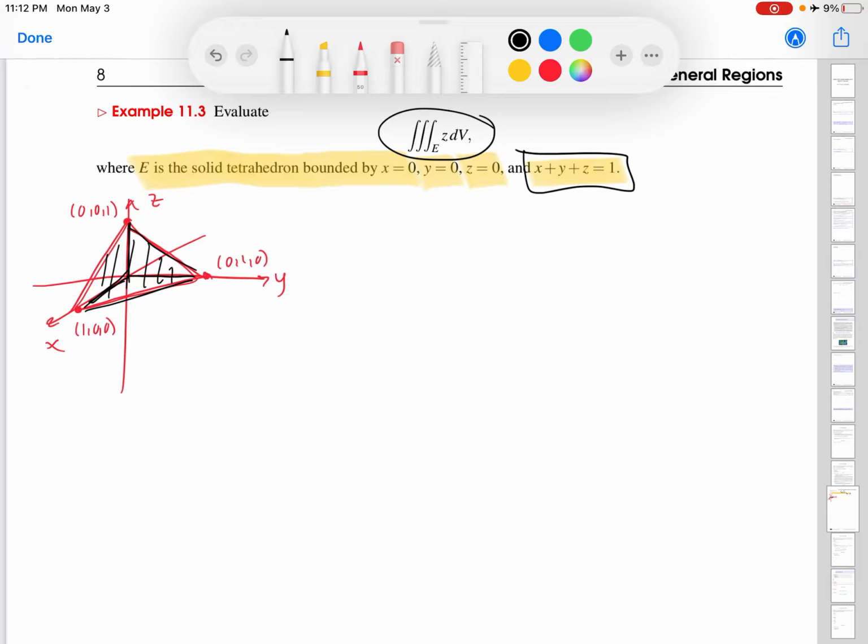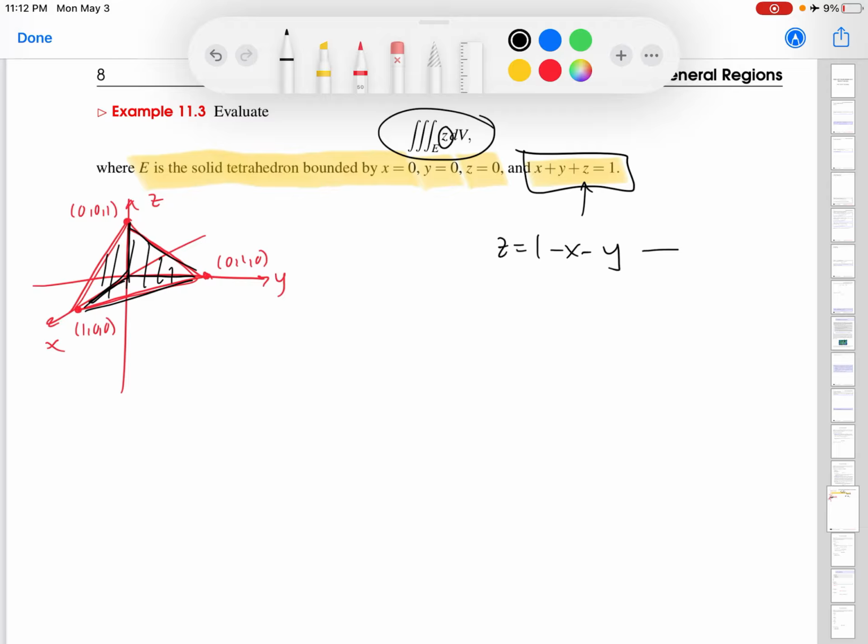Okay, so how are we going to set this up? Well, notice that we are integrating z. I can easily solve for z over here to get 1 minus x minus y. So this is exactly the situation that we were just talking about.